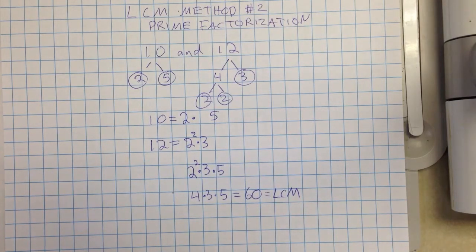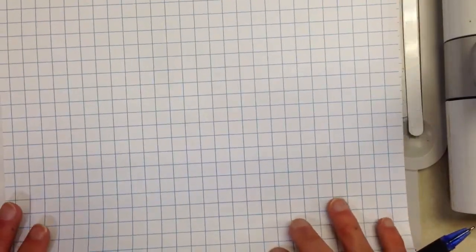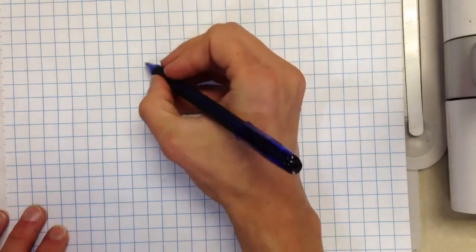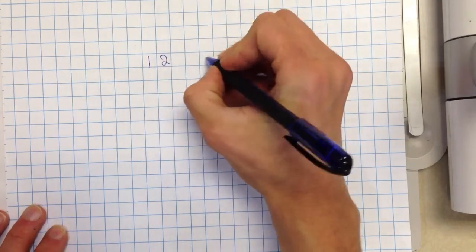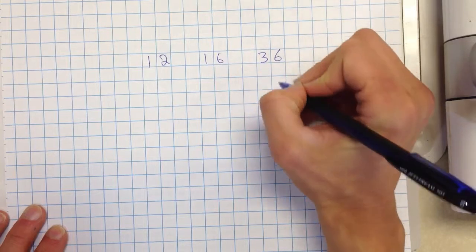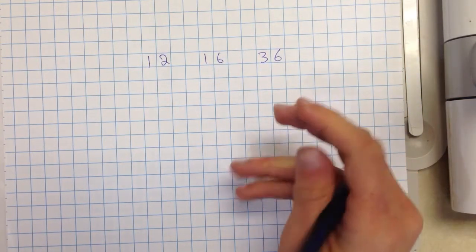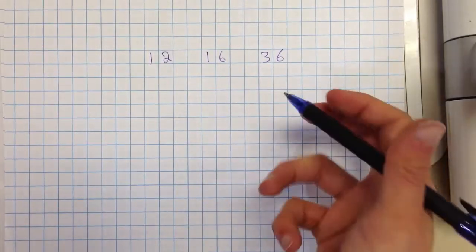You could do this same method if you're working with 3 numbers. To give an example, let's say we had 12, 16, and 36. Now these are much larger numbers, so if we were listing out the multiples, we can see how that might be difficult or cumbersome.